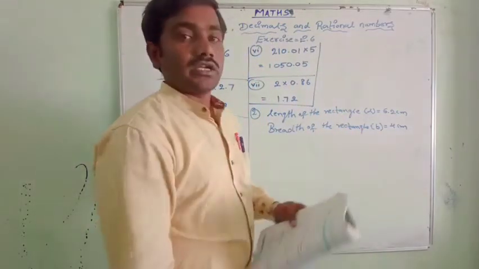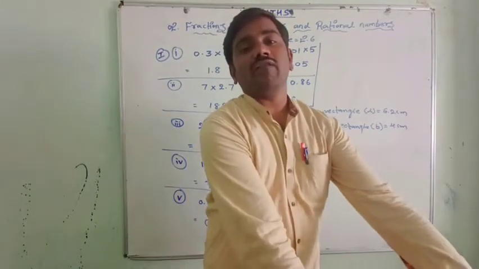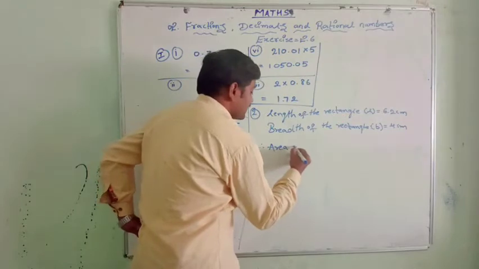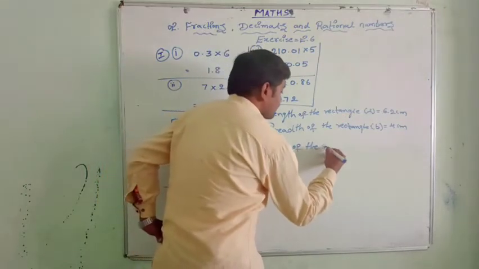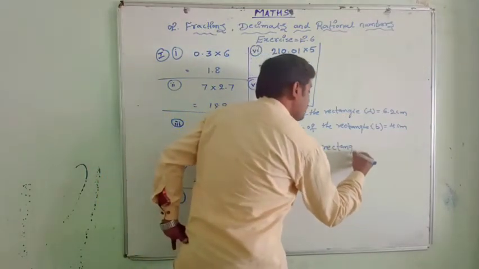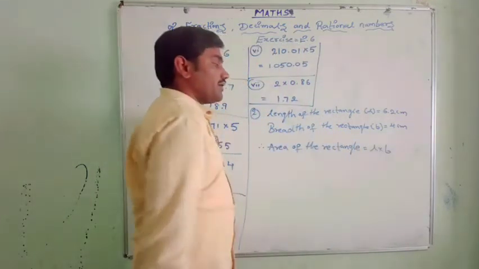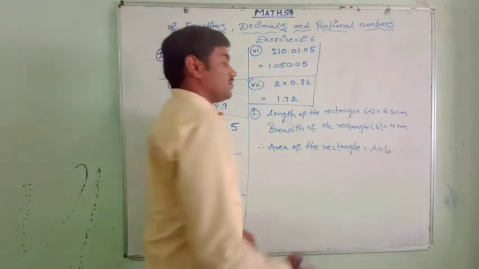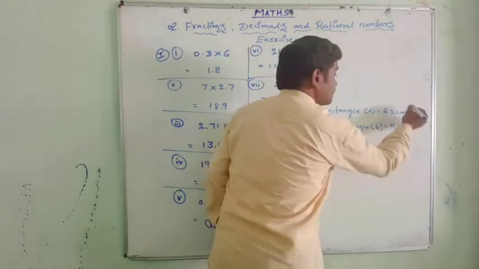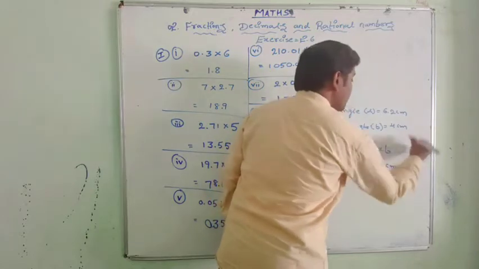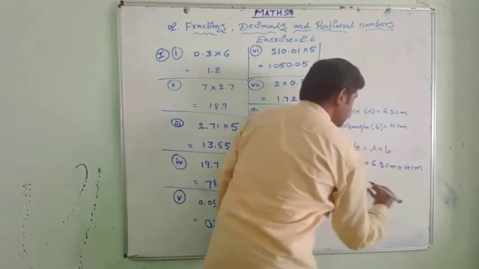What we need to find out here is the area of the rectangle. Area of the rectangle, that is L into B, is the formula. We know the area of a rectangle formula, L into B. As we know the L value, that is 6.2 centimeters, into the B value, 4 centimeters.